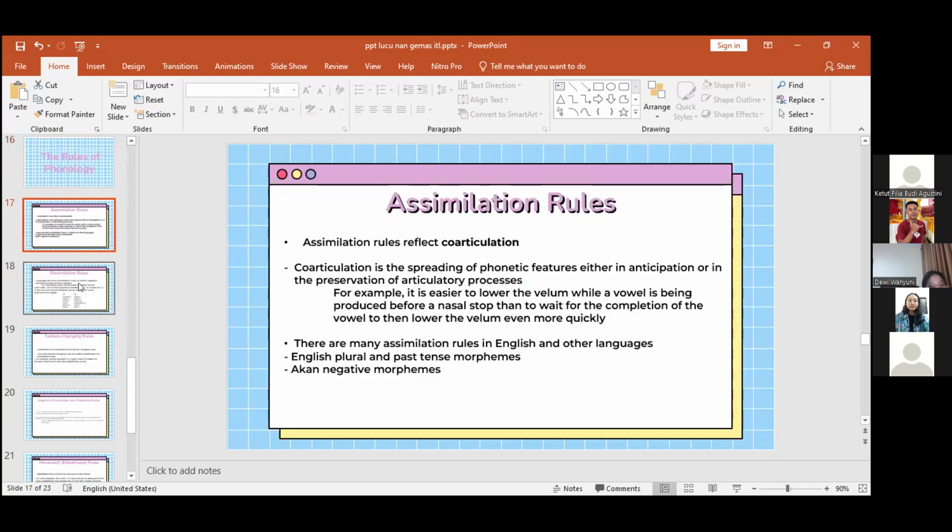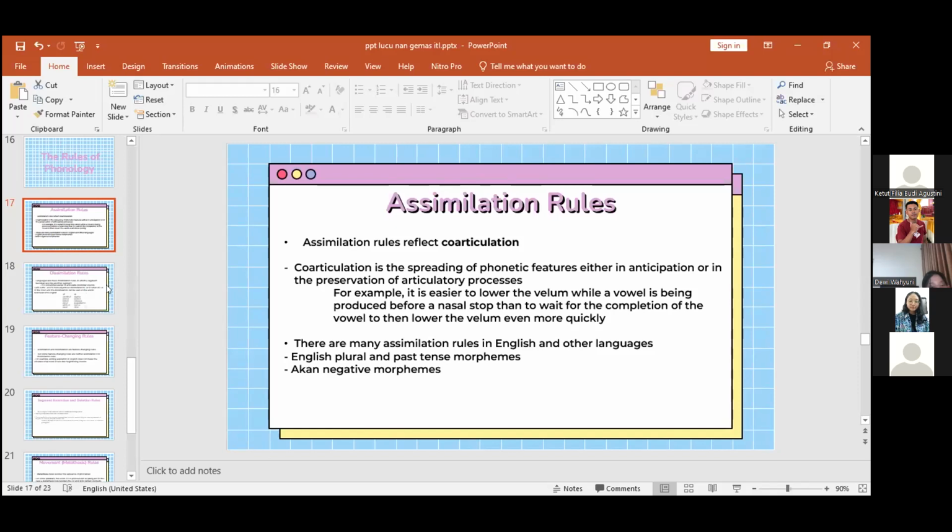Next. So the first one is assimilation rules. Assimilation rules reflect articulation. Assimilation is the spreading of phonetic features either in anticipation or in the preservation of articulatory process.